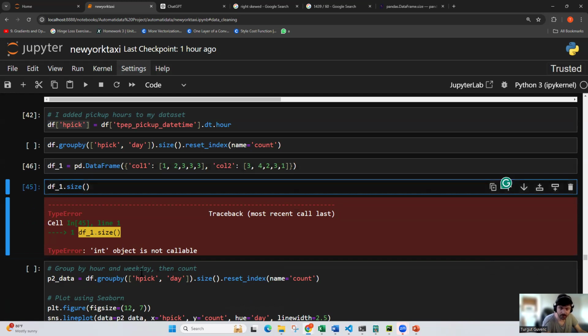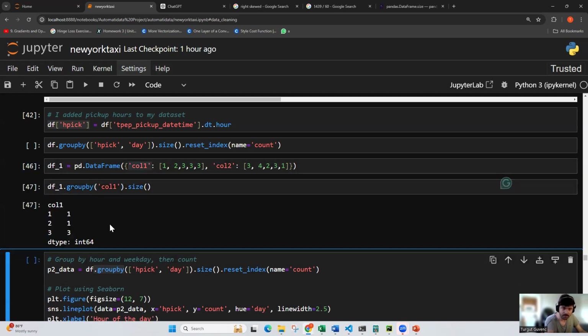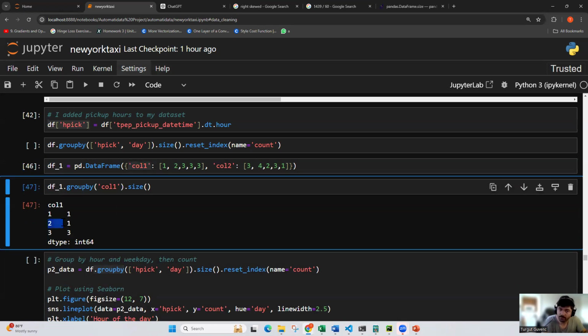Oh, sorry. What we're going to do is group by this df1 by column 1, right? Okay, so what we get here is 1 for 1, 1 for 2, and 3 for 3, because we have 3 of them.